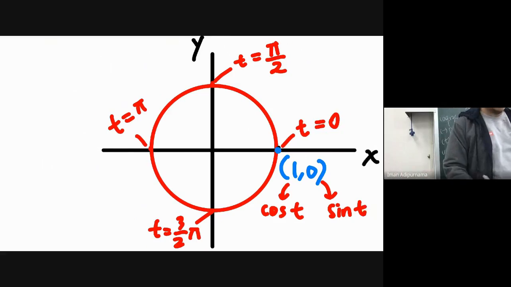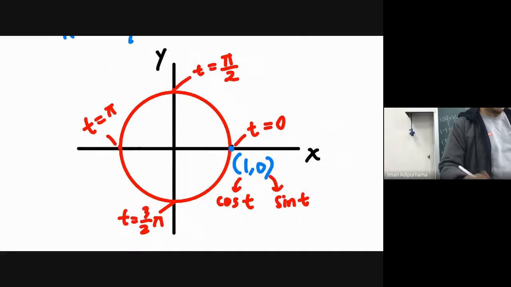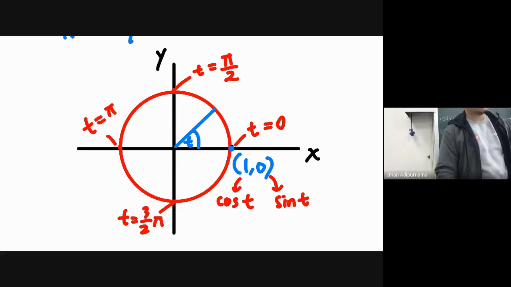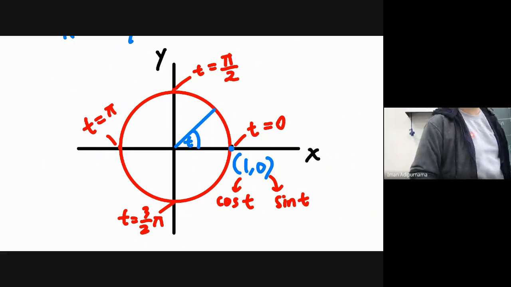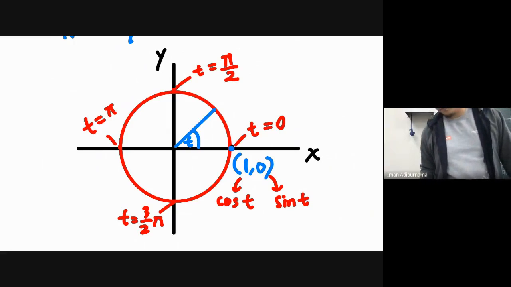And t is actually behaving like a circle. So we can also say this is t, because it fits the conditions of all the equations. So t is behaving like an angle.